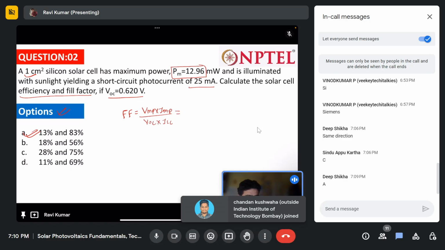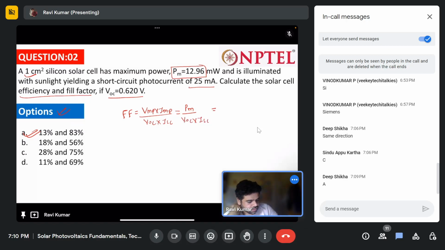And this VMP IMP is PM, so it is PM divided by VOC into ISC, equal to 12.96 into 10 to the minus 3 watt divided by 0.620 into 25 into 10 to the minus 3 ampere. And if you solve it, you will get around 83%.